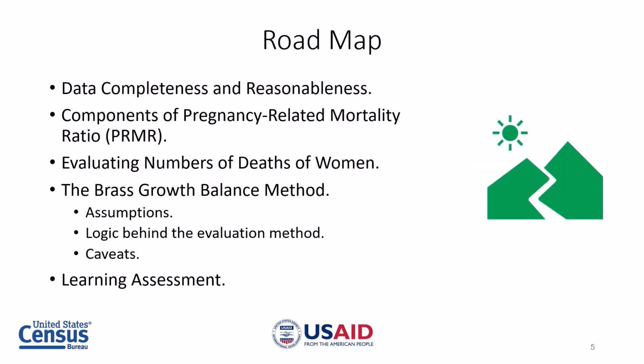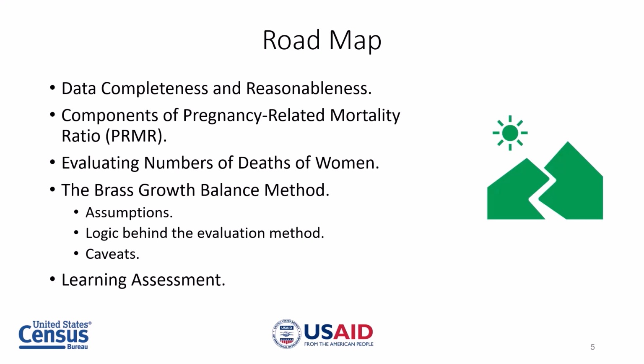Here is a description of the contents of this episode. Remember, the accuracy of estimates on maternal and pregnancy-related mortality depend on the quality of the data we use. In the first part, we present the concepts of census data completeness and reasonableness.